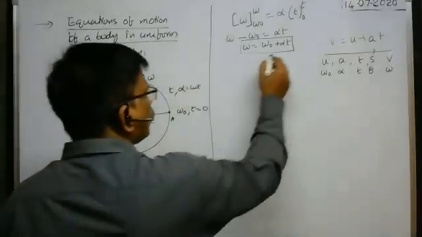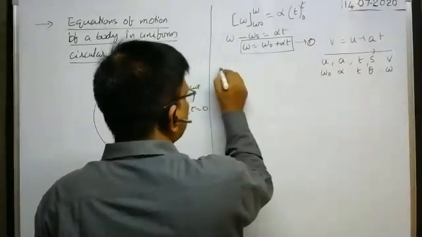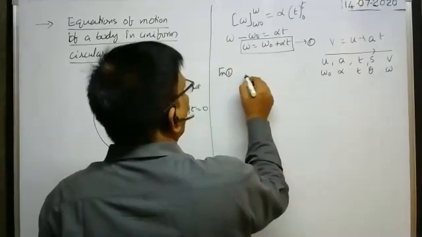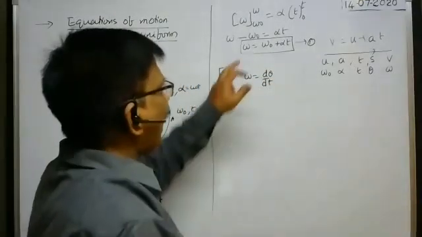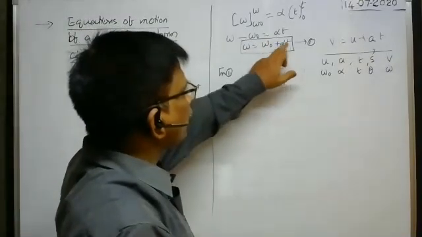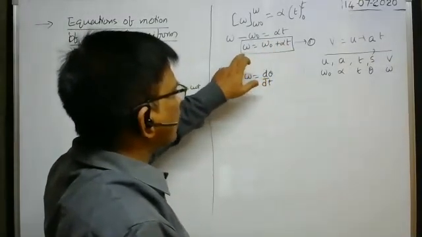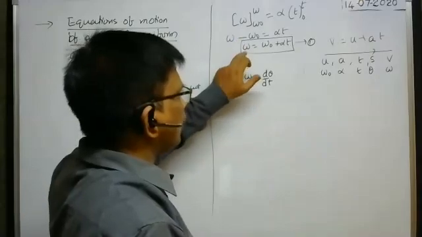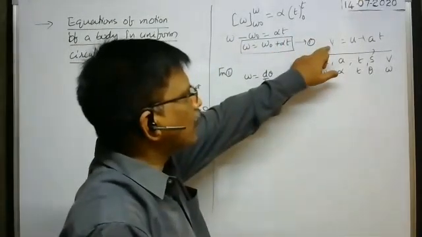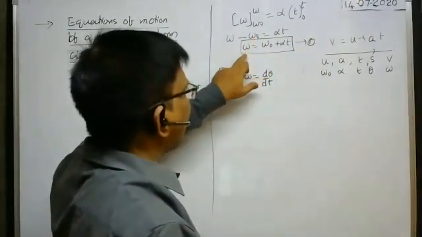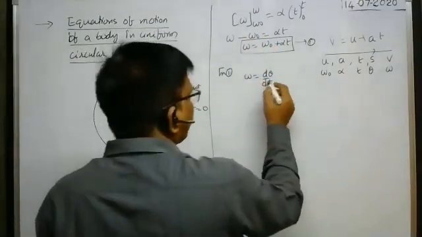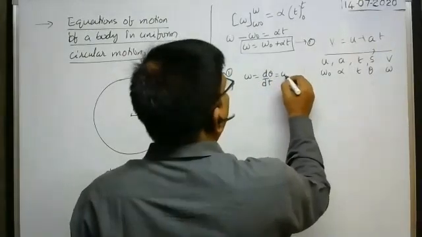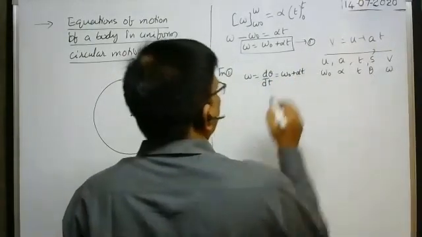For that, from equation 1, omega can be written as d theta by dt, no? Because angular velocity varies with time continuously according to this formula. That's why it is the instantaneous angular velocity, just like instantaneous velocity, at a time t seconds. So d theta by dt is equal to omega naught plus alpha t.